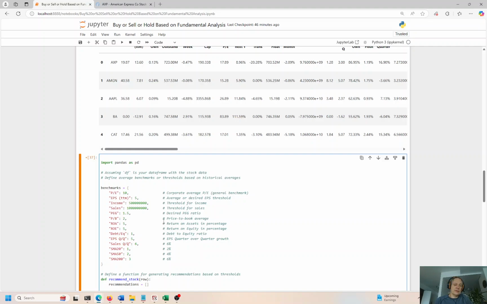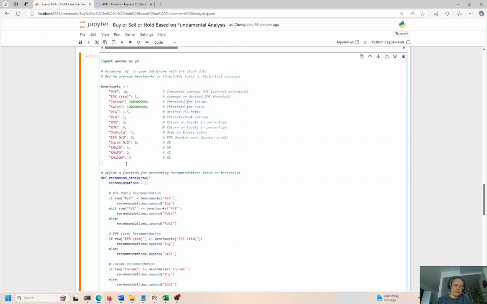You can pick whatever metrics you want. I think this is a very nice way to get started. These are some of the main metrics, some of the most influential, I think, to driving a stock's price. You can certainly add to the items in this tuple here, and create more, right?